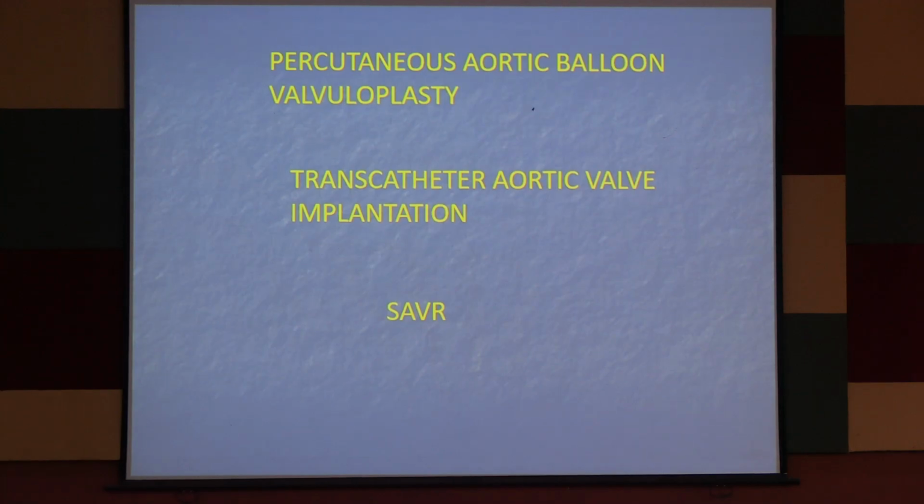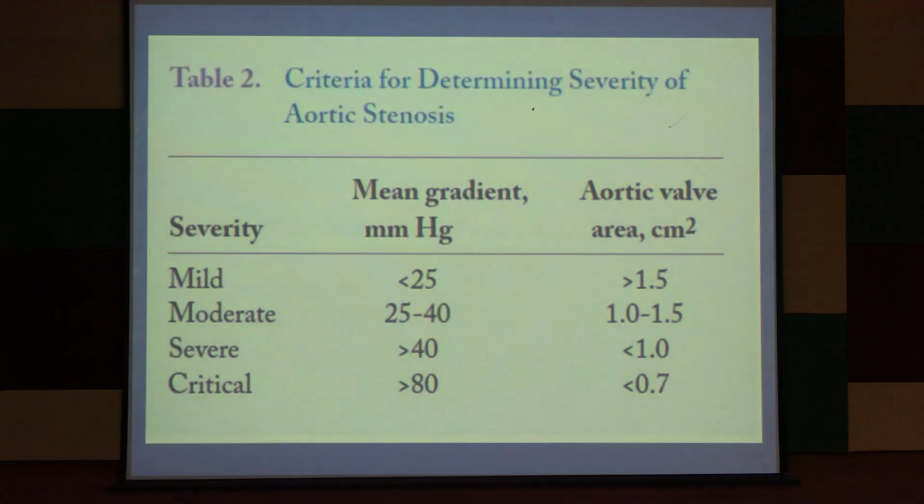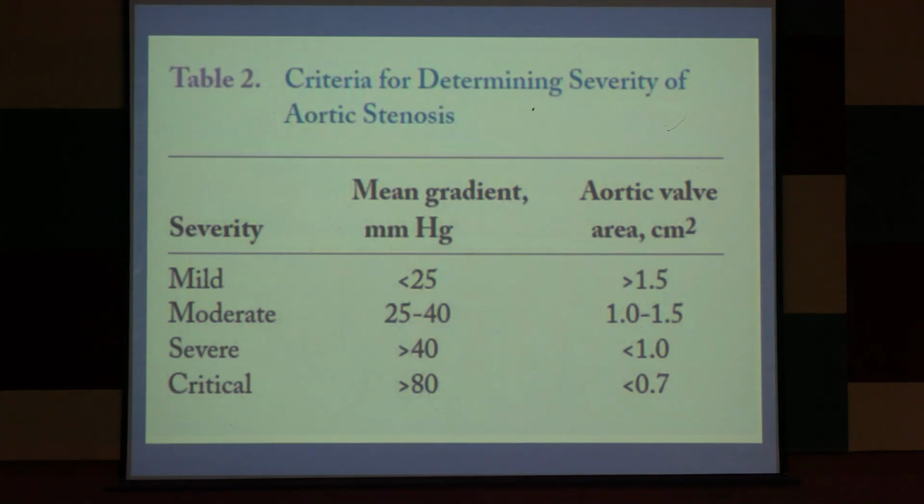So the types of surgery: 1. Percutaneous aortic balloon valvuloplasty. Second, transcatheter aortic valve implantation. Third, surgical aortic valve replacement. Now, severity from the hemodynamic or echocardiographic criteria.